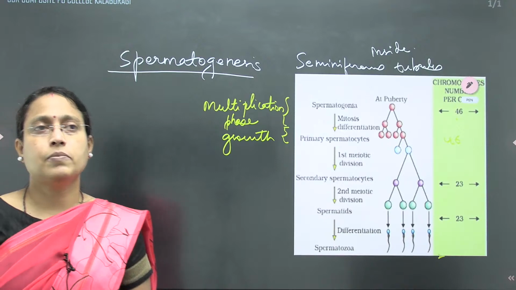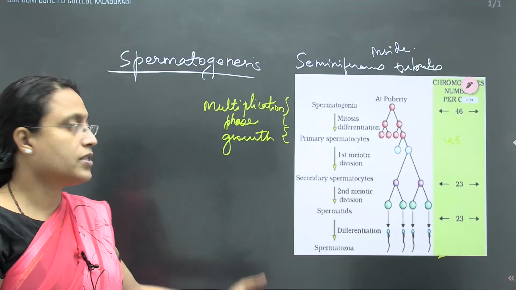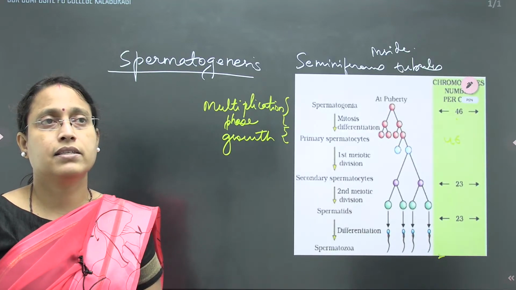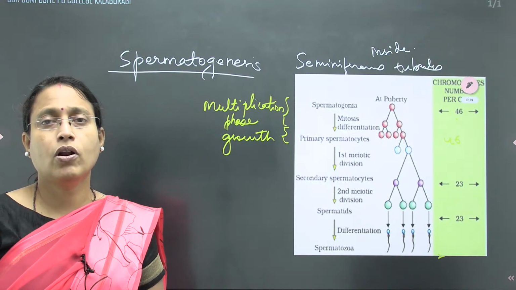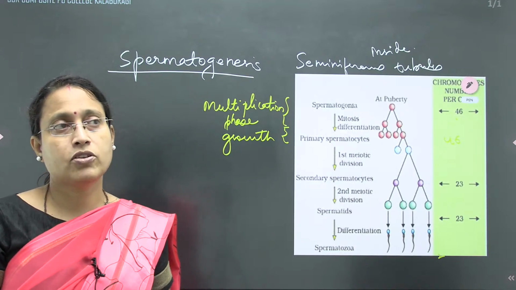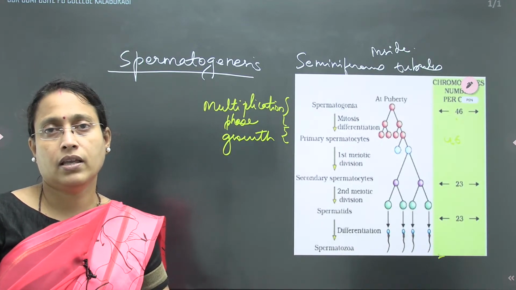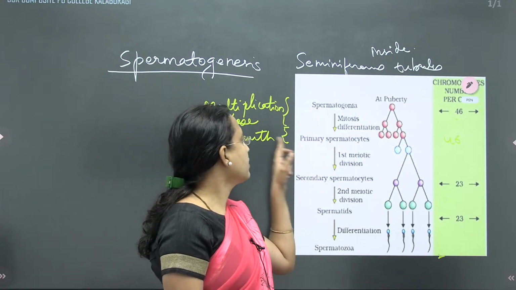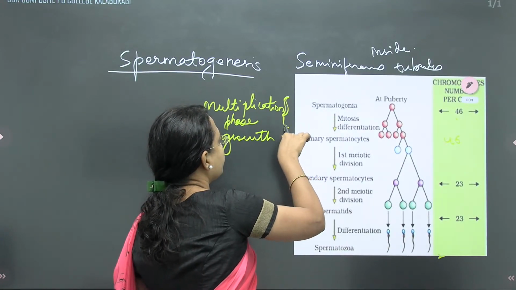All the nourishing material necessary for further steps, that is meiosis, will be accumulated inside the cell, and as a result the cytoplasm can increase, and overall the cell size can increase, because compared to cell division, during this time interphase is going to be there. So here is the multiplication phase, and this part is the growth phase.